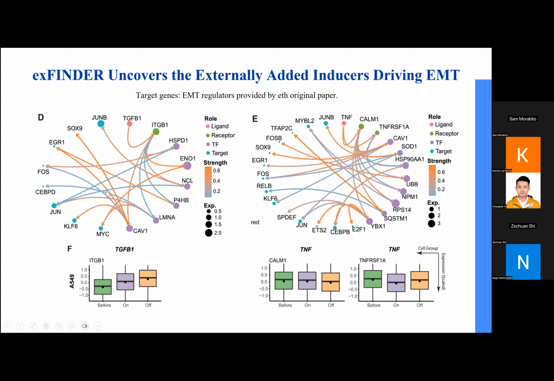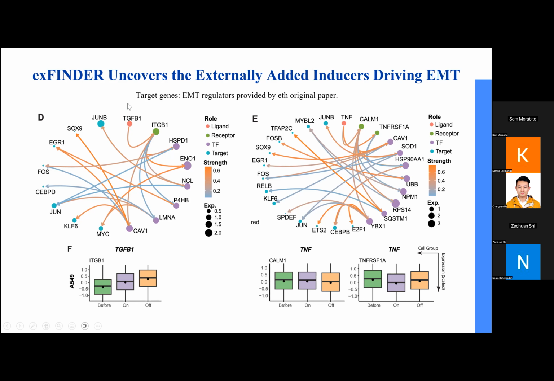For the 2 cases, on the left-hand side TGF-beta1 is the manually added inducer, and on the right-hand side TNF is the added inducer. In both cases, exFINDER can find this external signal, although they have very low expression in the data set, and even for TNF, it has no expression. It's not even measured in the data set.